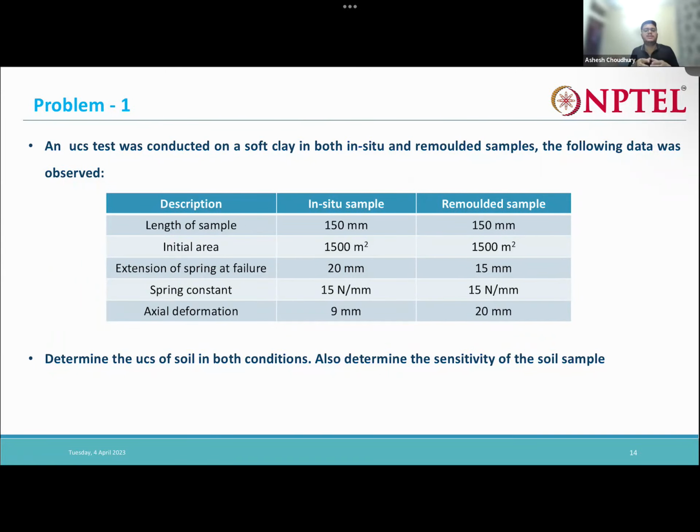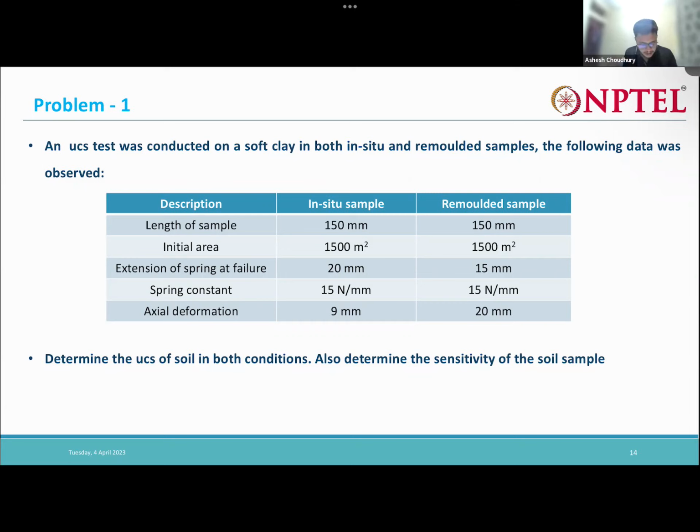So you are actually manufacturing that sample in the lab using that soil. That is the remolded sample. So we have the in situ sample and we have the remolded sample. The in situ sample is nothing but an undisturbed sample. A remolded sample is a disturbed sample. You are remolding the soil again in the lab.